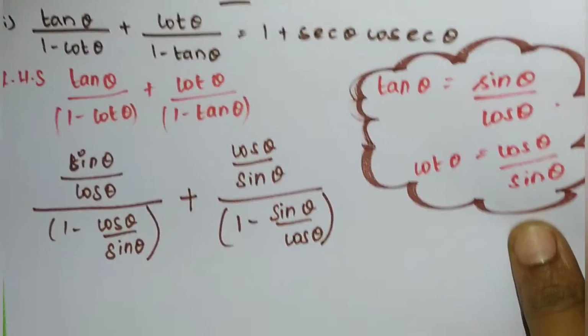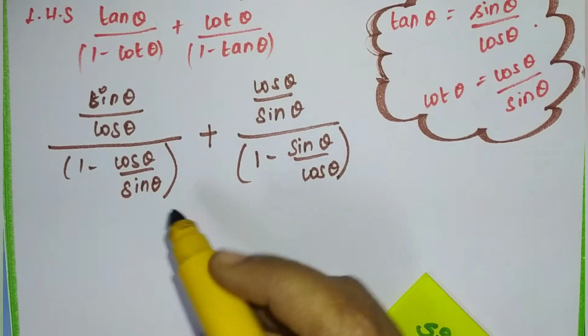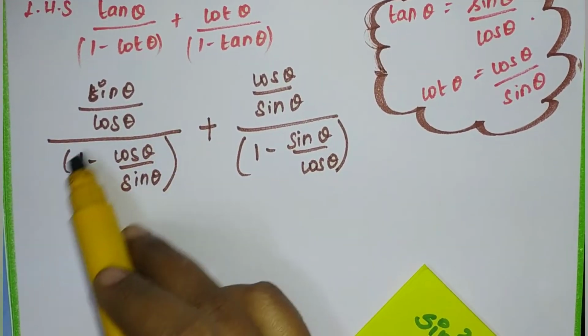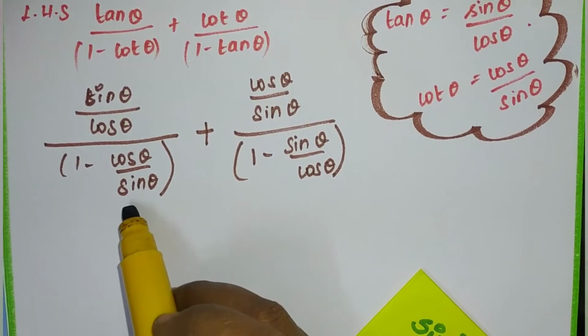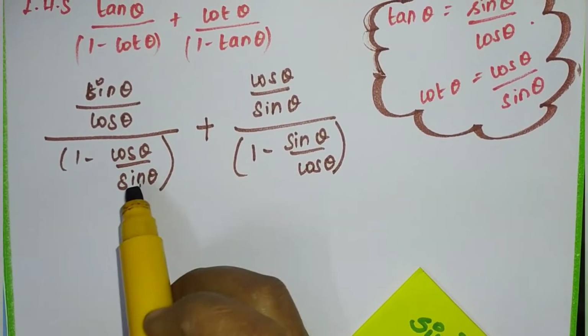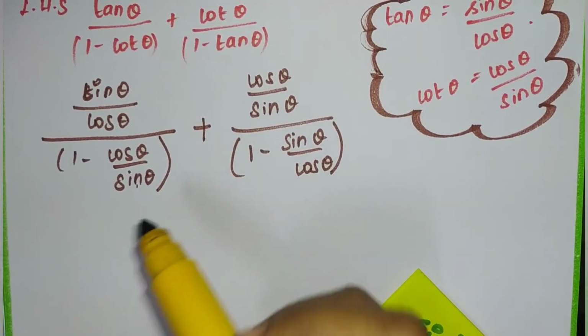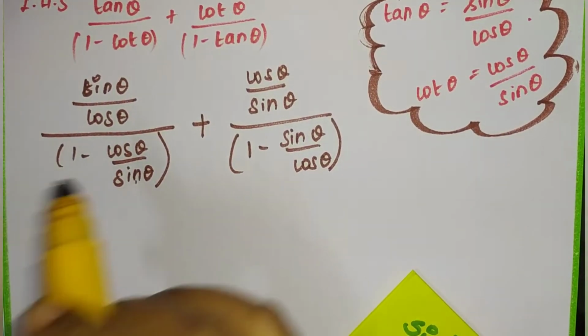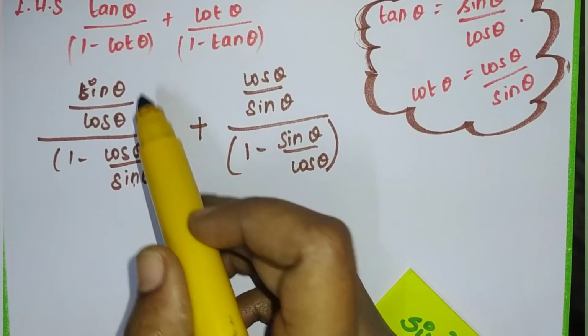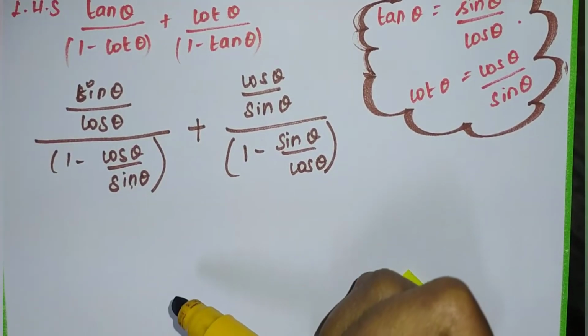Then no need to simplify the numerator because it is in the simplest form, only sin theta divided by cos theta. But you have to simplify the denominator. You have to take a LCM and then bring it into the simplest form and then multiply this one with sin theta by cos theta.